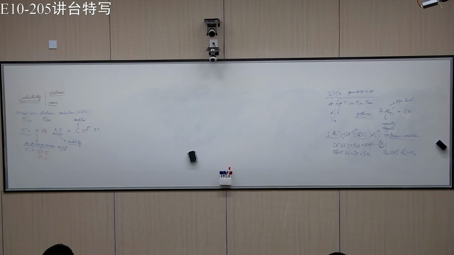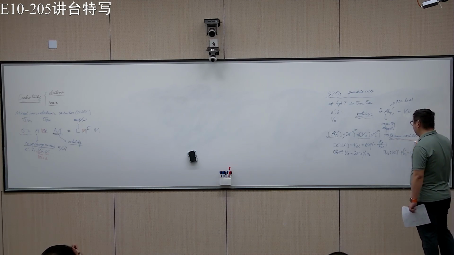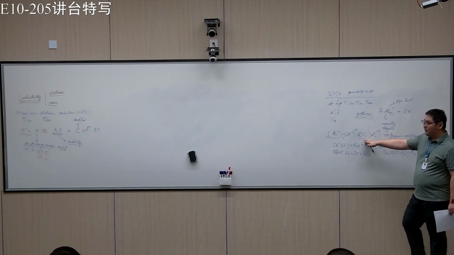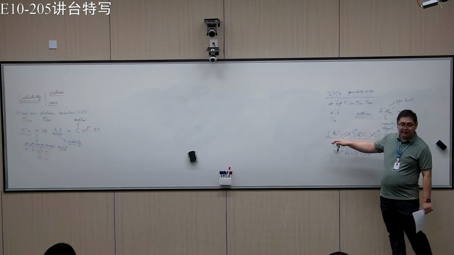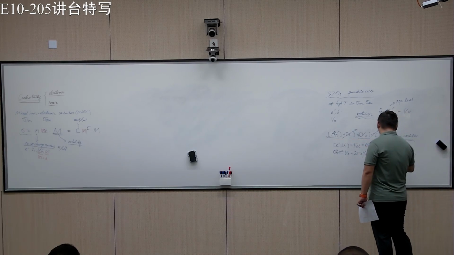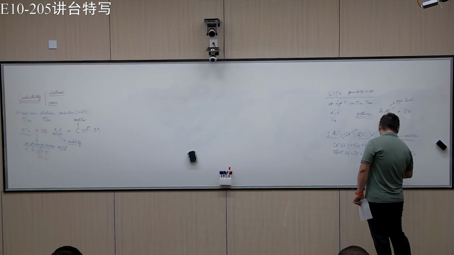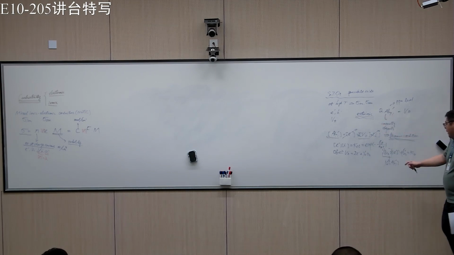So we know from this boundary condition that for most cases, the oxygen vacancy concentration is fixed by this one. So this one is basically 1/2 of the dopant or impurity concentration. And from this one, this is a constant.